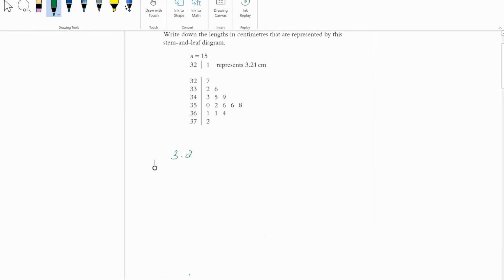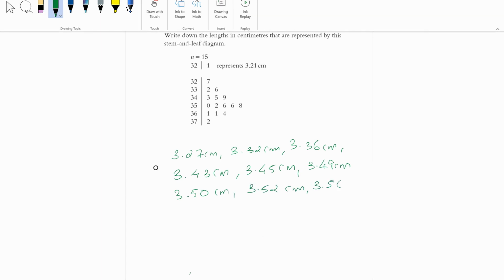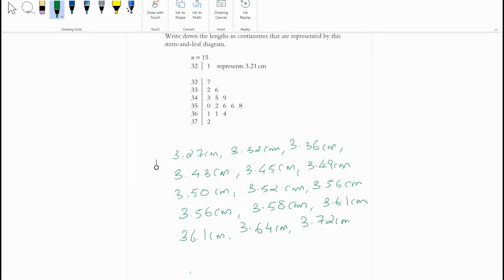So 3.27 centimeter, 3.32 centimeter, 3.36 centimeter, 3.43 centimeter, 3.45 centimeter, 3.49 centimeter, 3.50 centimeter, 3.52 centimeter, 3.56 centimeter, then again 3.56 centimeter, 3.58 centimeter, 3.61, 3.61 again, 3.64 and 3.72 centimeter.